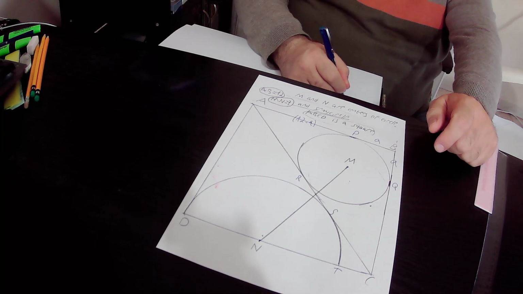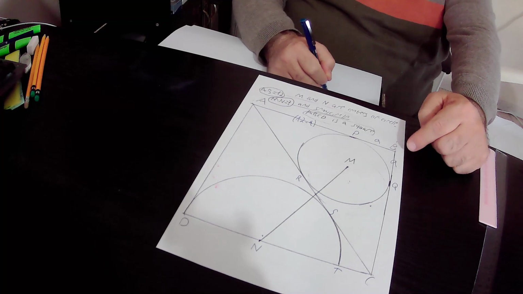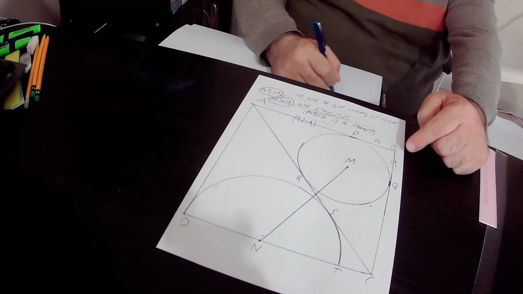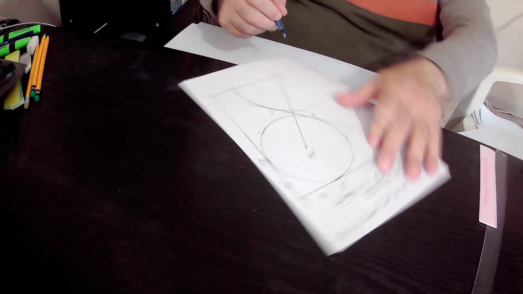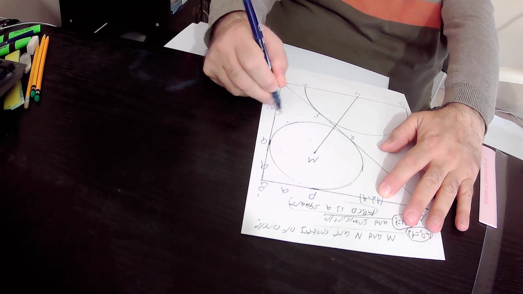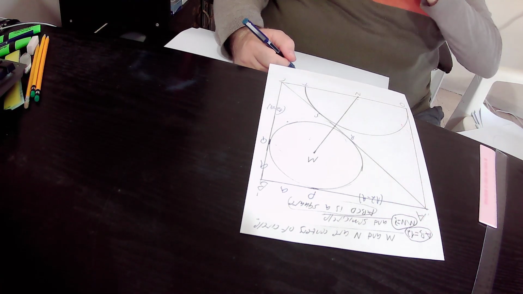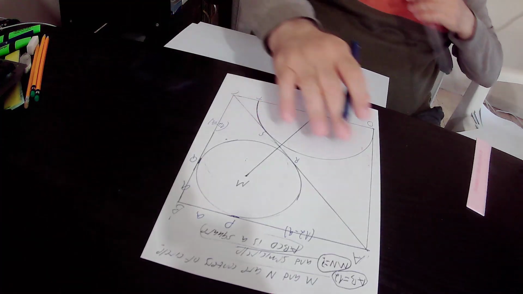So QC will be equal to BC, that is 12 units, minus BQ, that is A. So in conclusion, QC is also equal to 12 minus A. So we can write here that QC is equal to 12 minus A. In the next step, we will focus on the external point, point A.